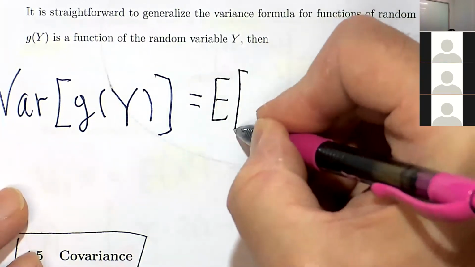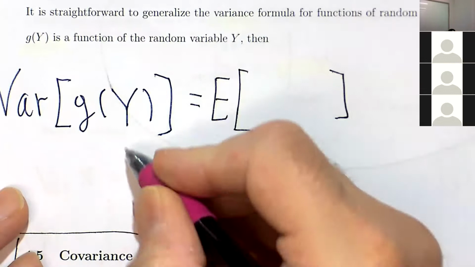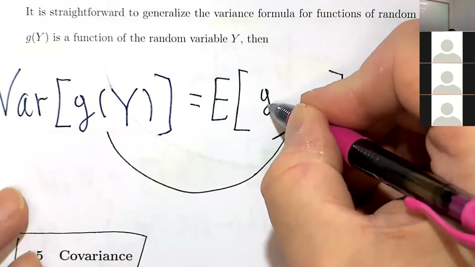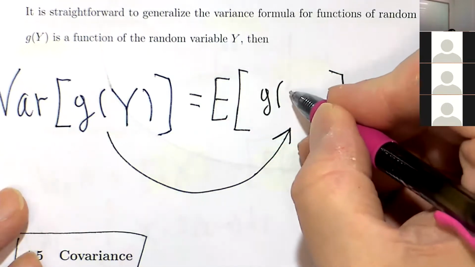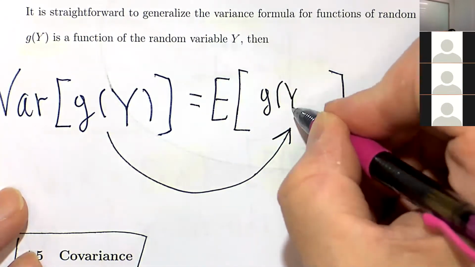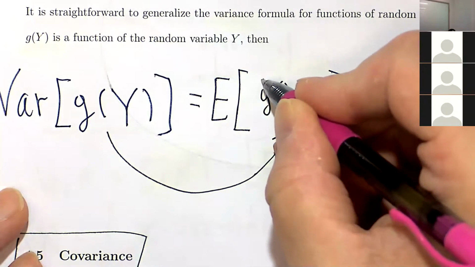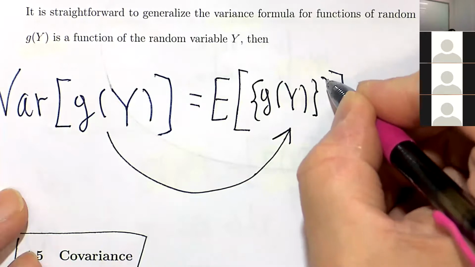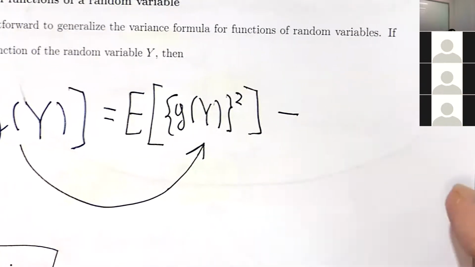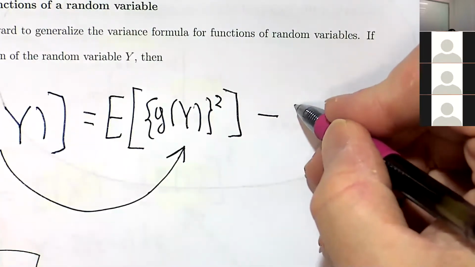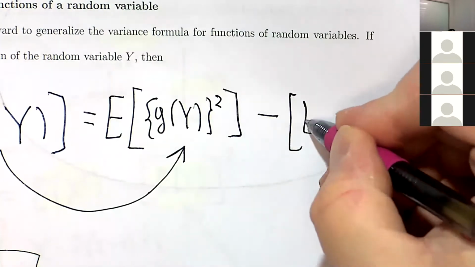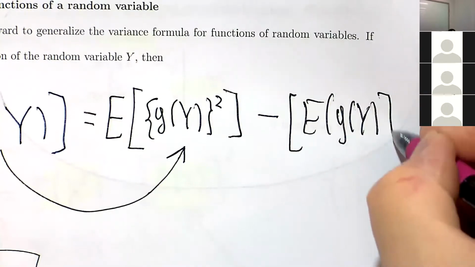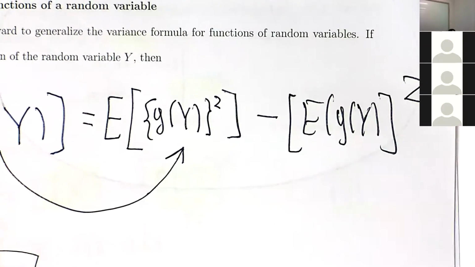This is given by, again the same thing as with expected value, the expected value of g of y squared, minus the expected value of g of y, squared.